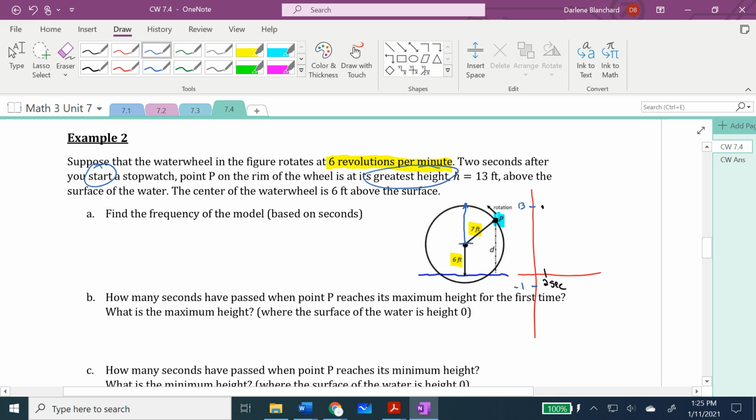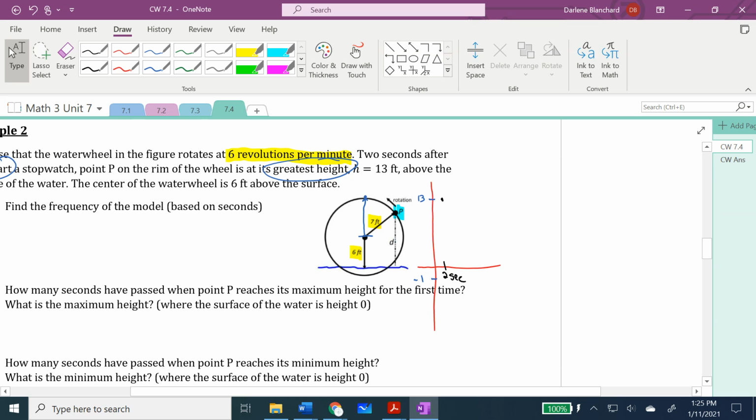And honestly, they're interchangeable. If you don't have that horizontal shift, then you really want to go with it at time 0. If it's at the highest or lowest, you would rather use a cosine function. If at time 0, it's at the middle, the center, then you want to use a sine.